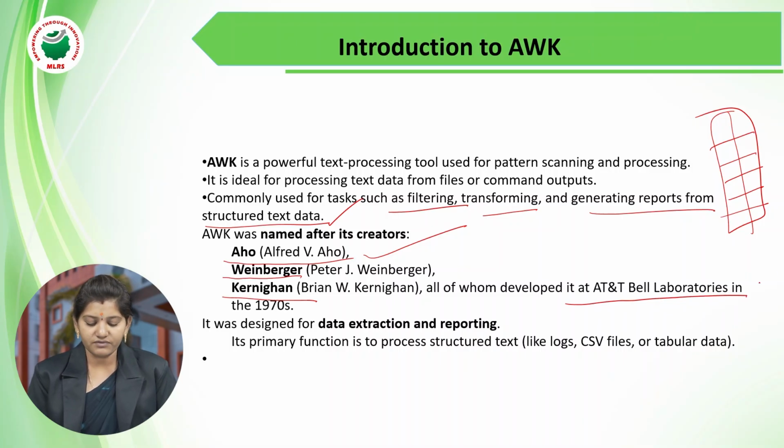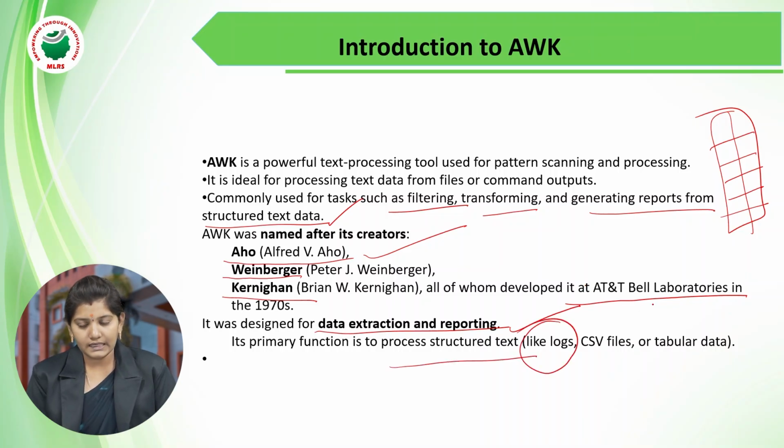It was mainly designed for data extraction and reporting. The primary function of AWK is to process structured text, like logs, CSV files, and data stored in tabular format. For all these tasks we use AWK.